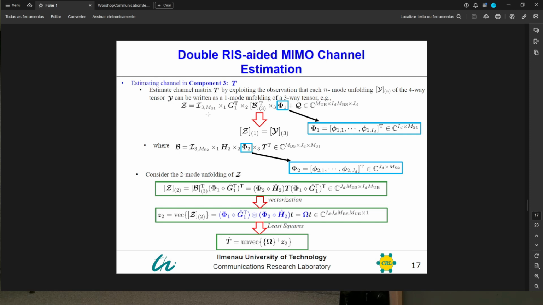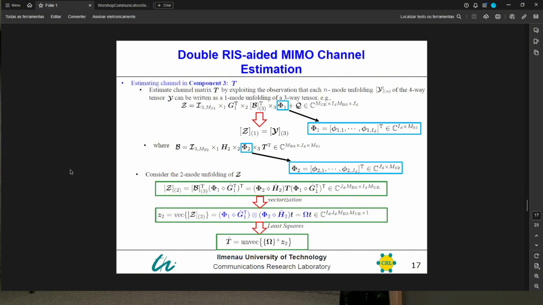This is for RS1, and this theta is for RS2. Using that, we obtain that the two-mode unfolding of this Z tensor can be written as this here. And then the third-mode unfolding of this tensor B is given as this part here, and this remains like this.